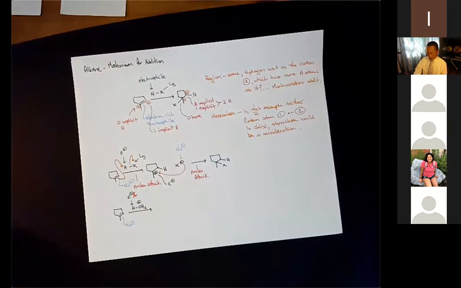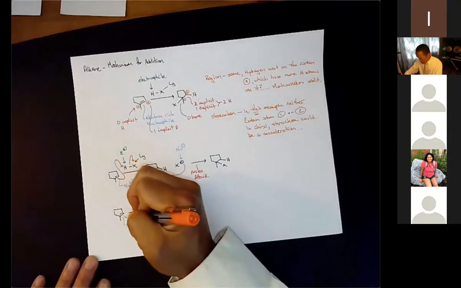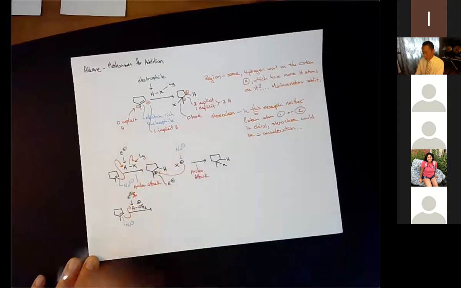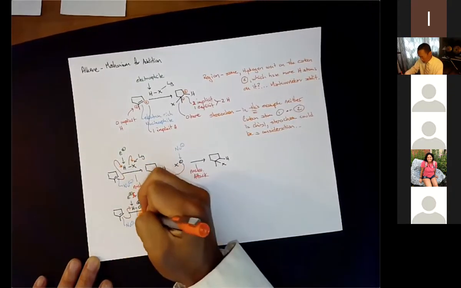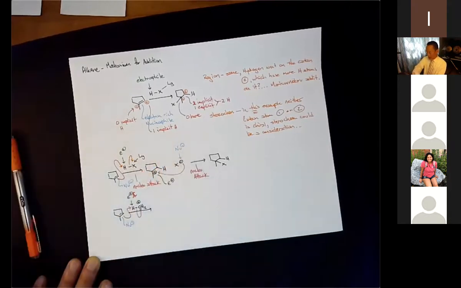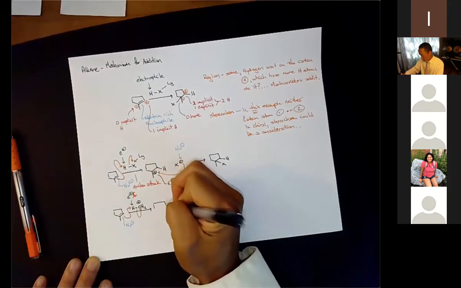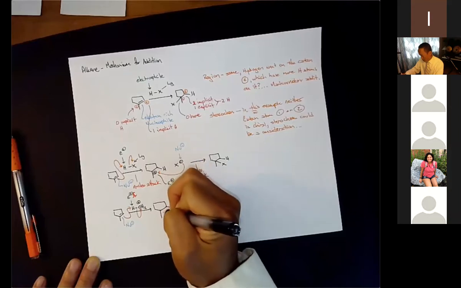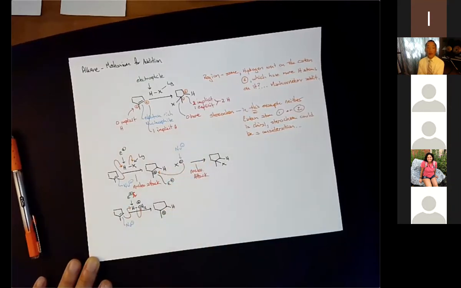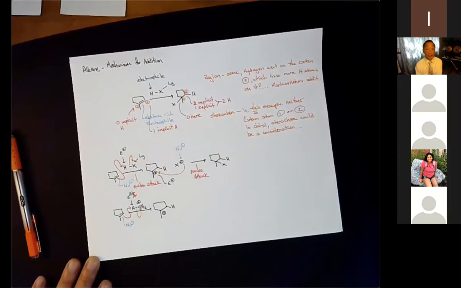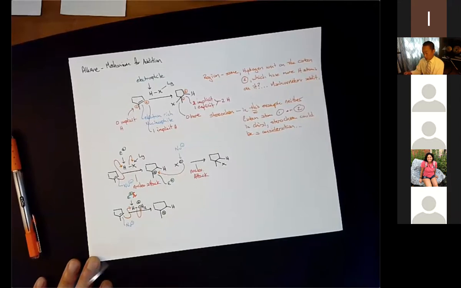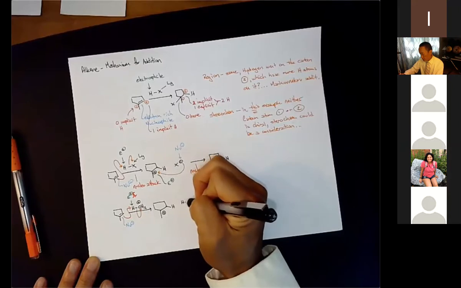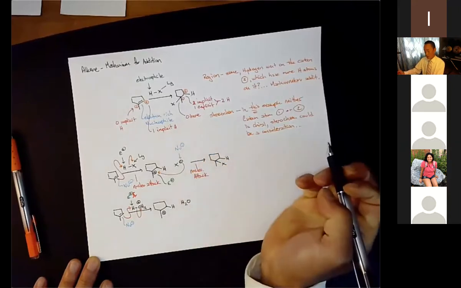And if that's the case, then the mechanism should be similar, where I abstract a proton, the bond breaks, I've added the proton to the one that already has the proton, leaving behind the carbocation on the more stable carbon of the two. And all I have left is water.